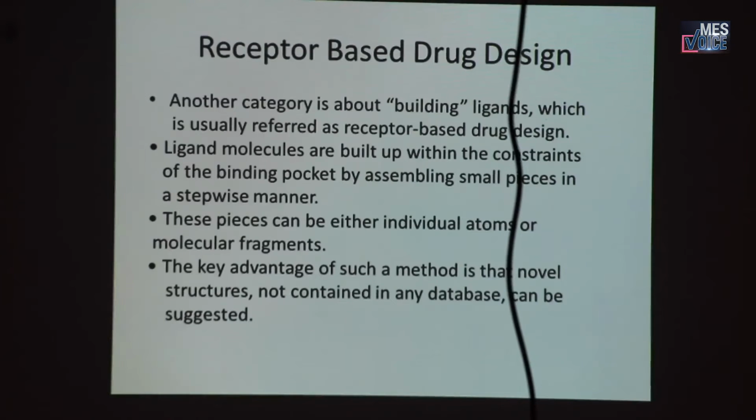Ligand molecules are built up with different constraints based on the binding pocket by assembling small pieces in a stepwise manner. These pieces can be either individual atoms or molecular fragments. The main advantage of this method is producing novel structures or novel drugs.